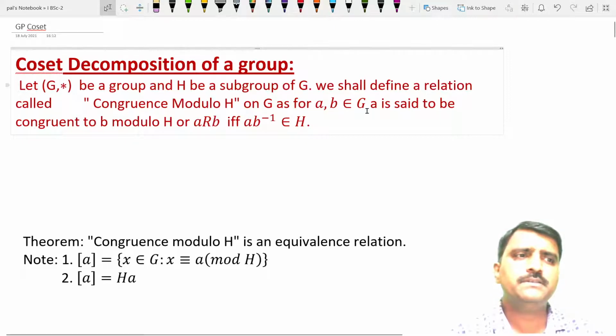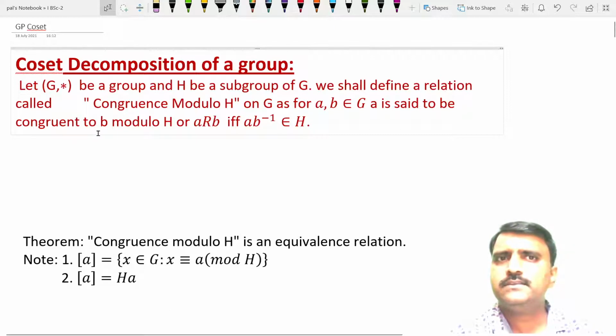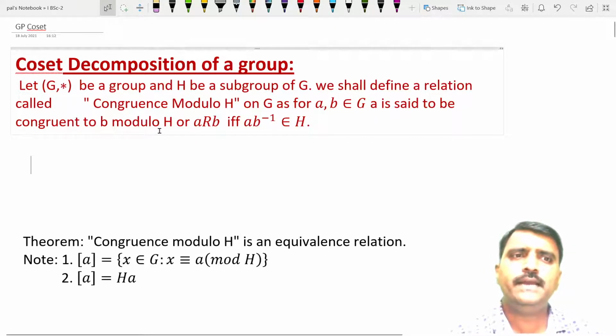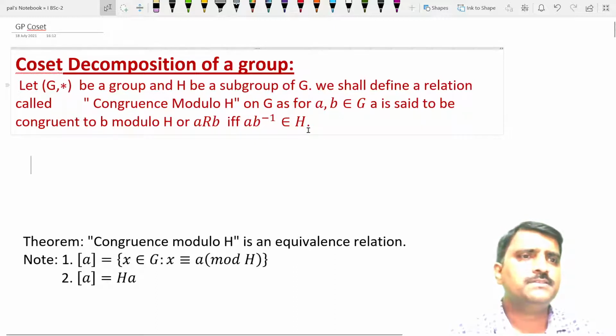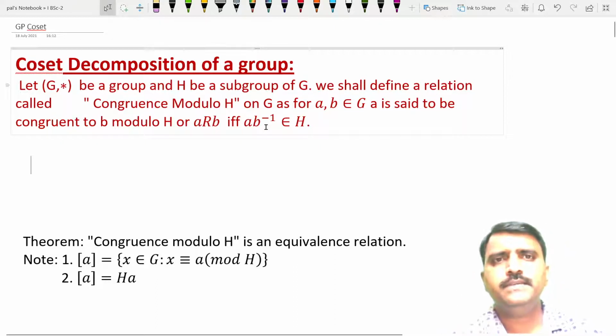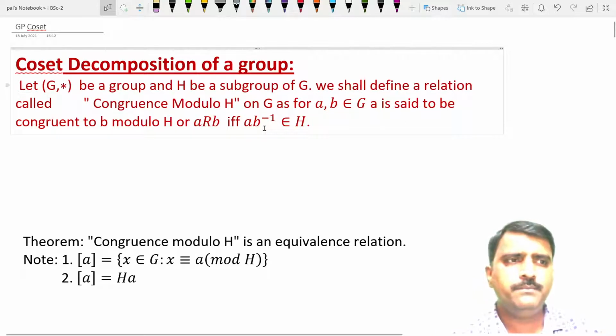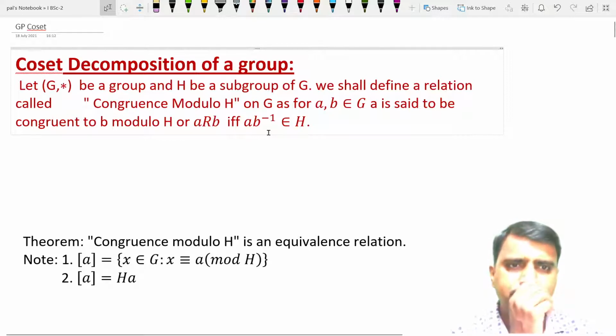For all a, b belongs to G, a is said to be congruent to b modulo H, or a is related to b, if and only if a b inverse belongs to H. What is b inverse? b inverse is the inverse of the element b. If a, b belong to G and a b inverse belongs to H, then we say a is congruent to b modulo H.